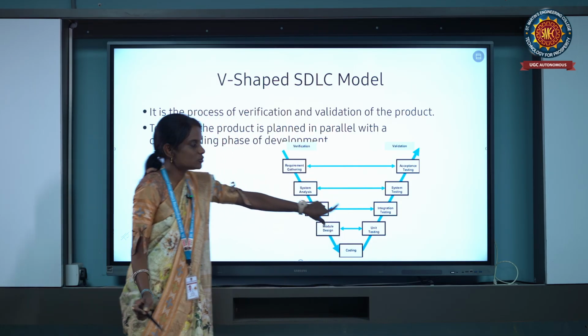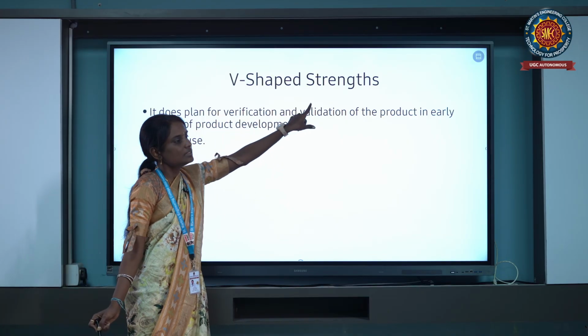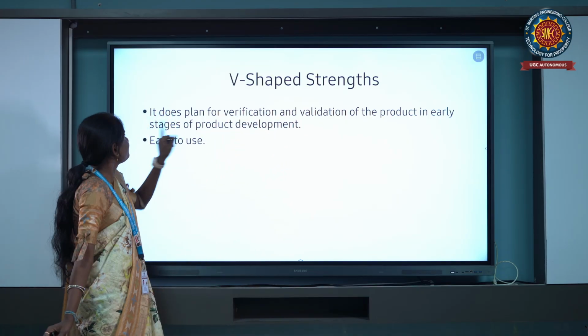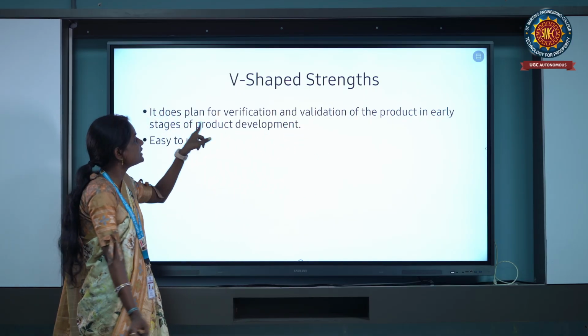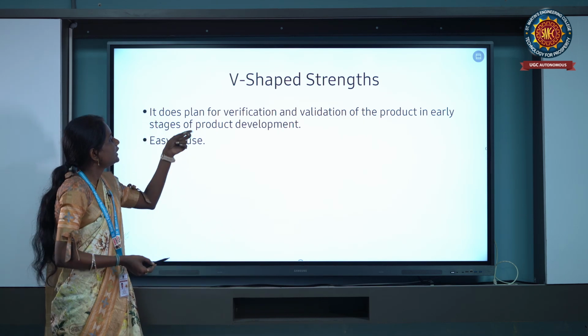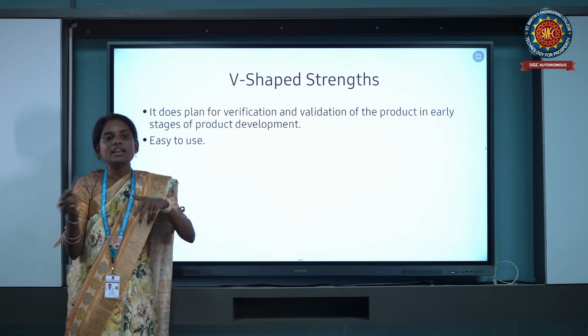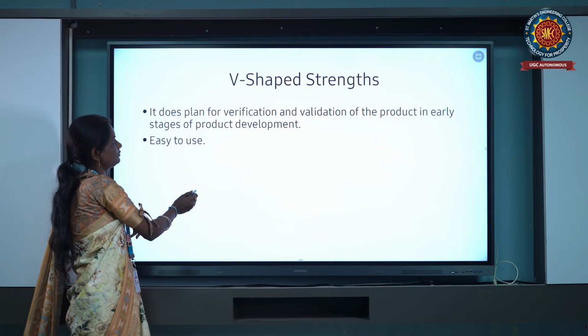These are the different types of testing involved in the V-shape model. Its advantages are that it plans the verification and validation of the product in the early stages, and it is very easy to use.